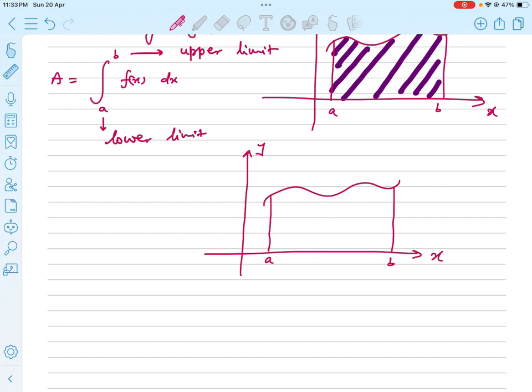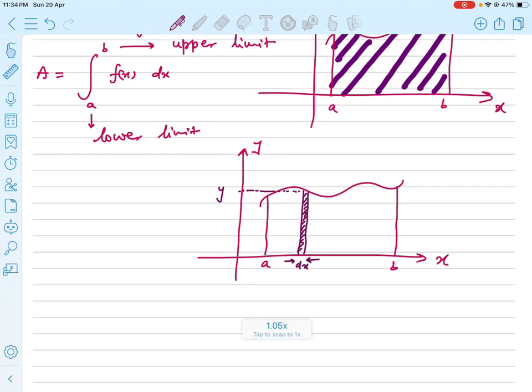So we devise a method, and the method is something like this. What we can do is take a very, very small strip. This strip is so small that the width of this strip is assumed to be dx. So this is the width of the strip which I have taken, and the value corresponding to this length is y.